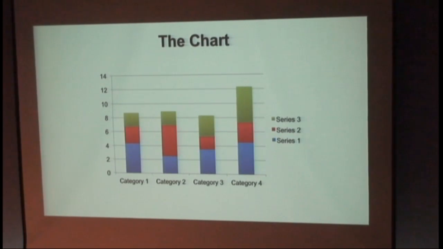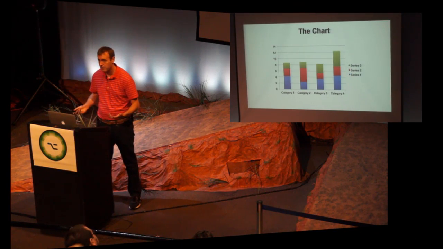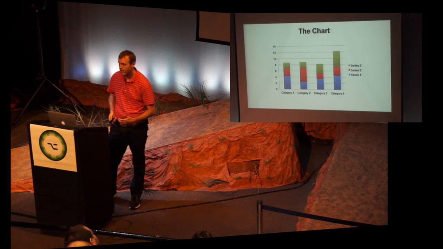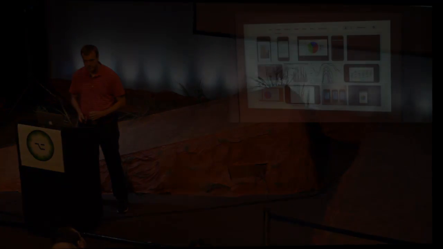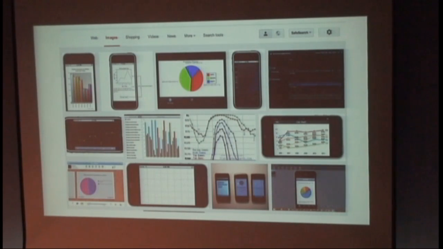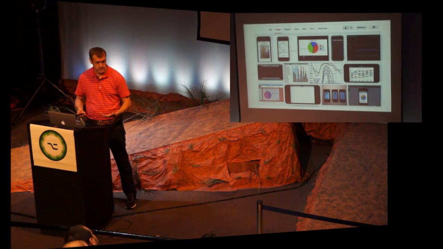The chart is something we've seen over and over again, and we see it in all sorts of applications, even with a very simple, quick search on Google. There are various types of charts being used out there, from iPhone applications to iPad. And even here at the bottom, this is our App Builder application, where somebody was using a chart in a hybrid application. So this spans not only the mobile world, but also the desktop world as well.